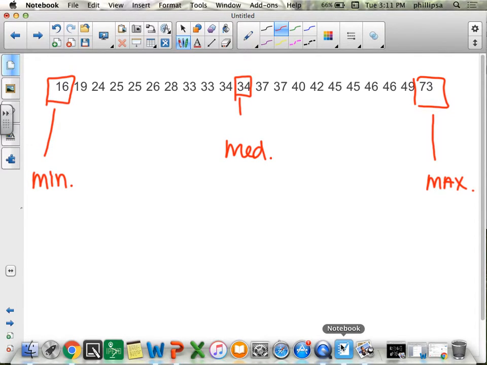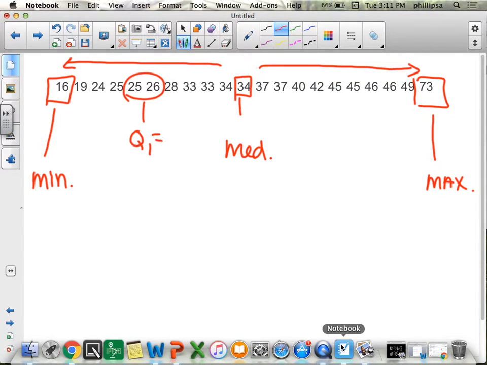Nice and easy. It is the middle because it's an odd number. Here's your lower half. Here's your upper half. So that means you're going to have 25 and 26 in the middle for Q1, giving you 25.5 for Q1, and then the 45 and the 45 in the middle for Q3. So 45 for Q3.